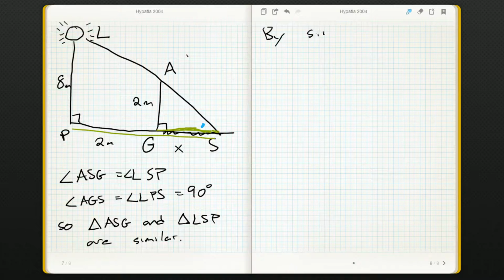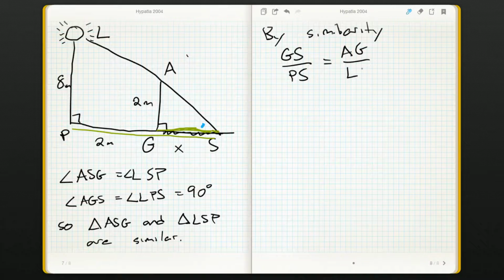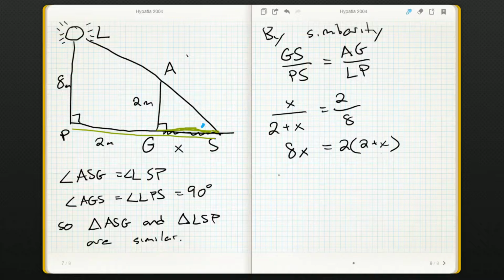So I might say something like, by similarity, so just a similar triangle question, GS over PS is the same as AG over LP. Okay, well, I know GS is x, PS is 2 plus x. AG, well, that's just Alan's height from the ground up to Alan. And LP, the height of the lamppost, 8. Okay, so just a little cross multiplication, and we'll be all set here.